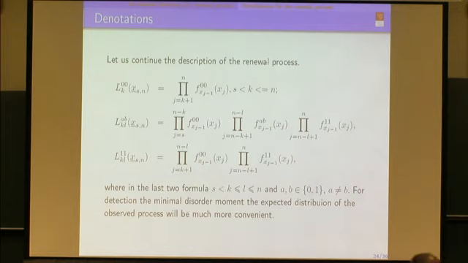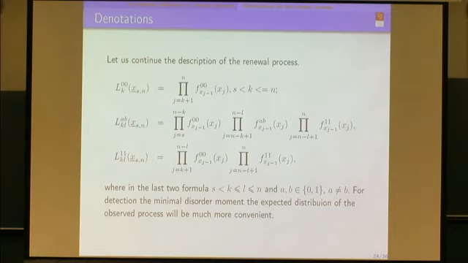We go back to this fishing problem, or this renewal process, where we want to determine the minimum of disorder moments, where a disorder can appear in weights of fishes or in intensity, or just time between events.